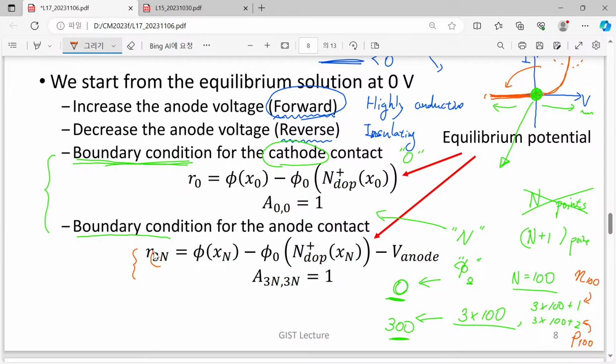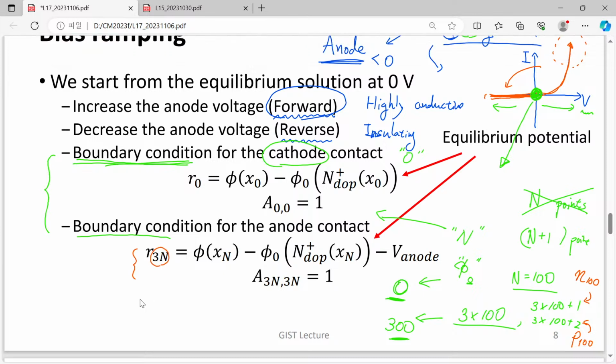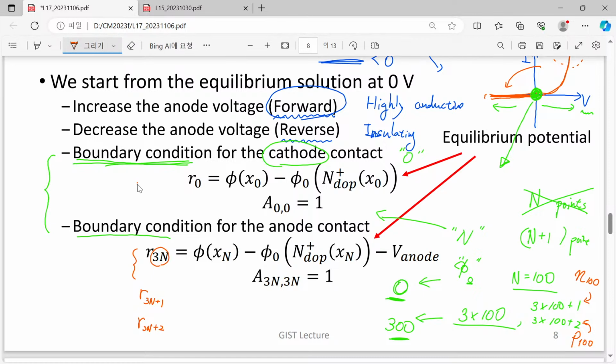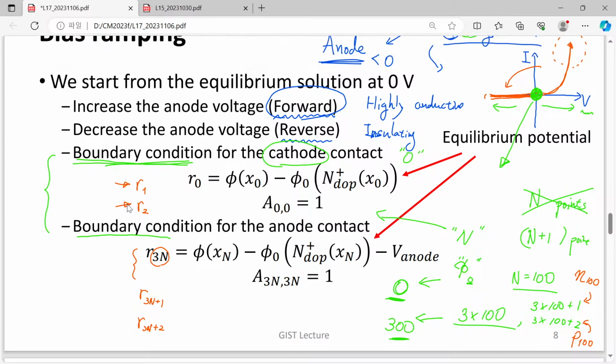This one just shows 3n. Why don't we care about 3n plus 1, 3n plus 2? Or, for example, why don't we care about R1 and R2? This is the electron density at the cathode contact, and this is the hole density at the cathode contact.